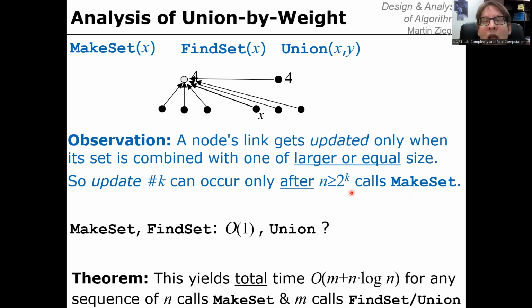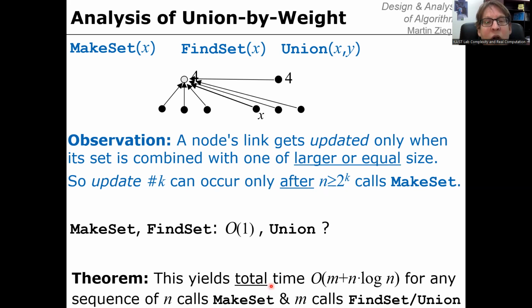Namely, we can now see that for a union operation, or a sequence of union operations, to be expensive, namely in the sense that there are K update operations incurring cost K, that can only happen after having made 2 to the K calls to make set.